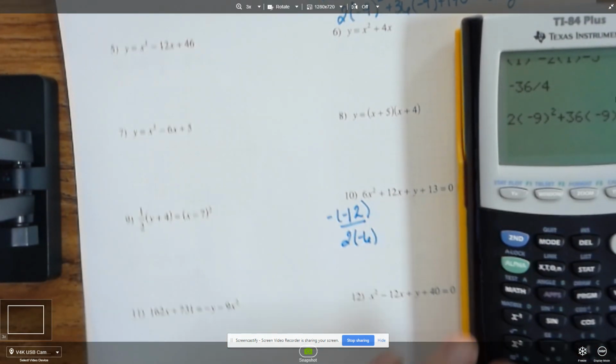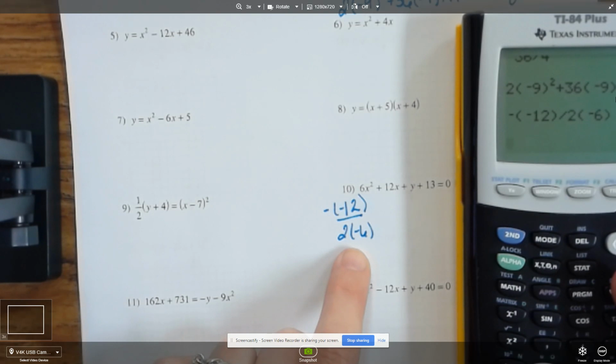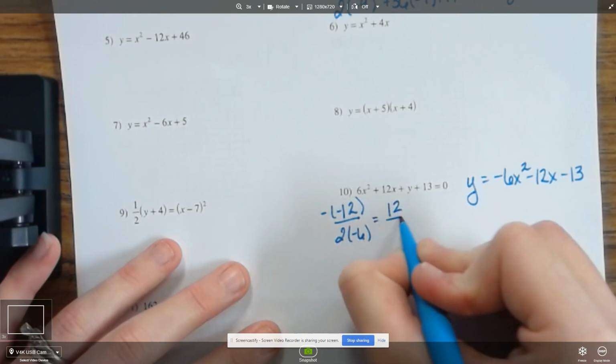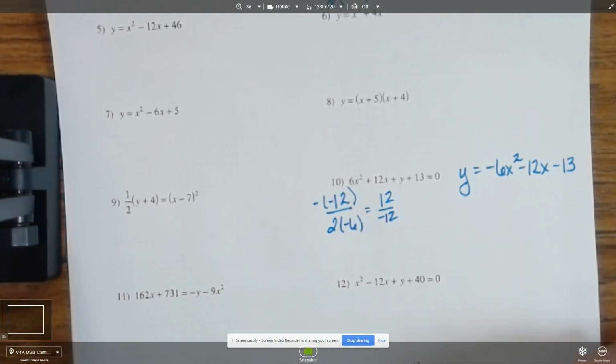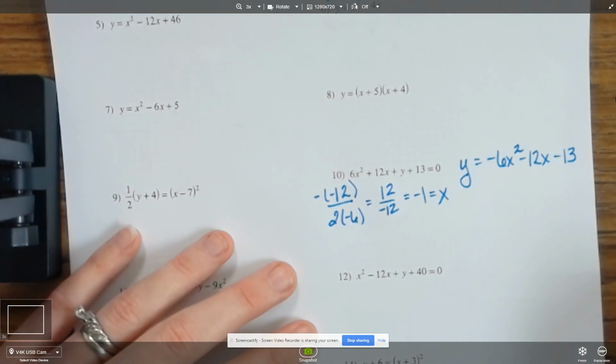Negative 12 divided by 2a. Oop, that's not right. Hang on. So 12 divided by negative 12 should give me a negative 1. That's our x.